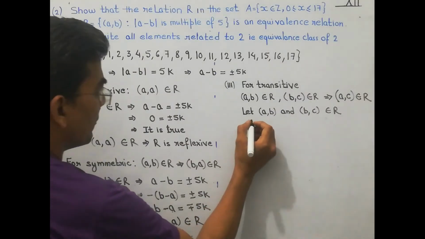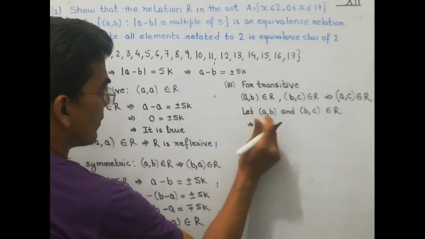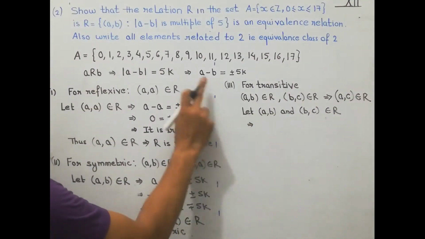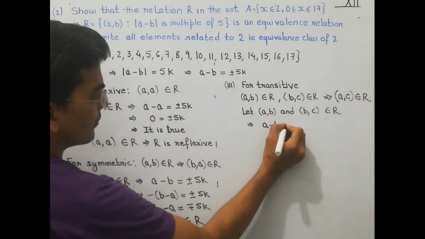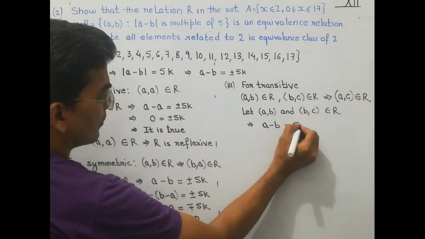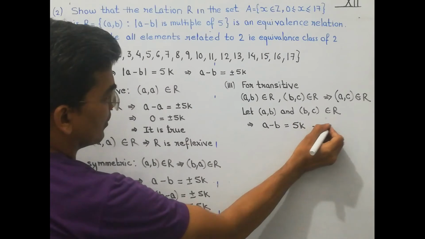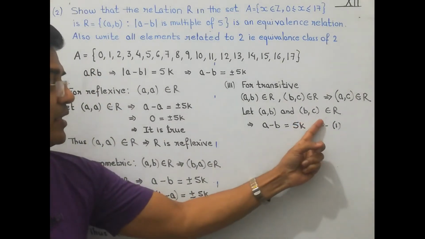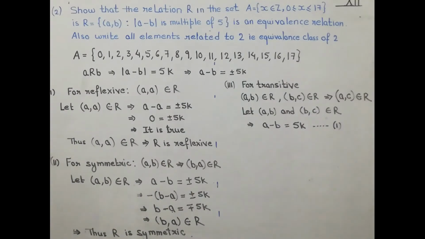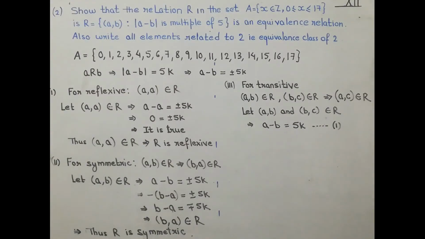So from here, as (a, b) belongs to this relation, we can write a minus b is equal to plus minus 5k.